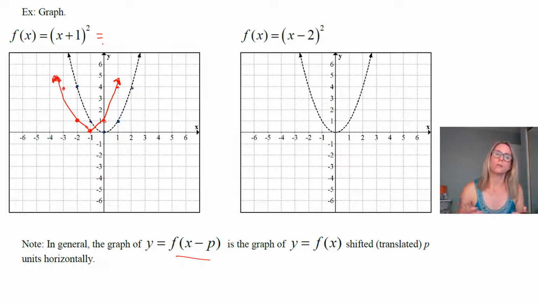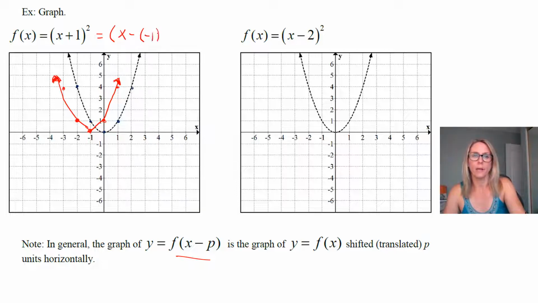Students are going to say, oh, x plus 1 squared, I'm adding 1. But the way that this works, as you can see because we plugged in some values, is you want to look at it like this, x minus a negative 1 squared. So in this case, p is negative 1, which means it's going to shift 1 to the left.